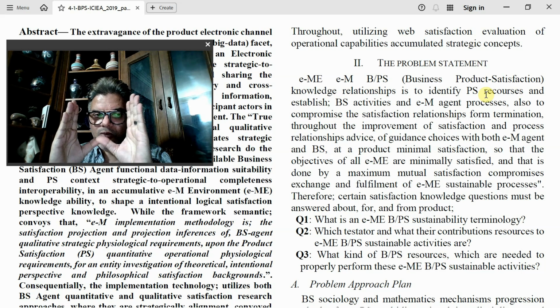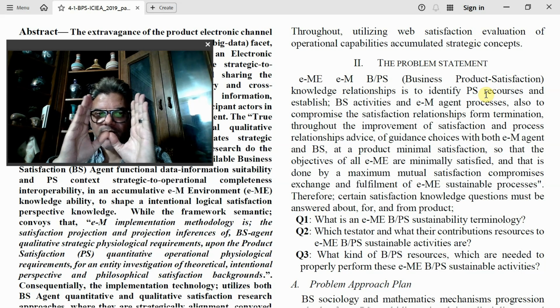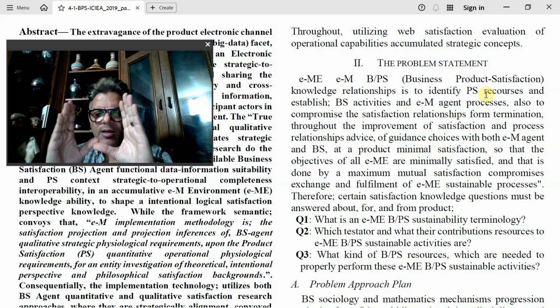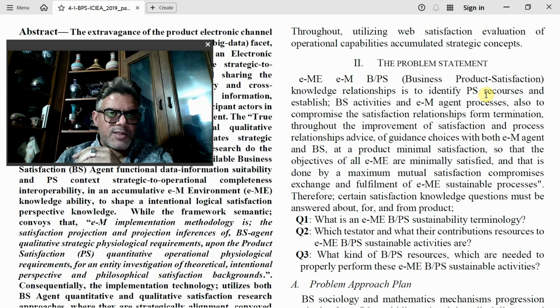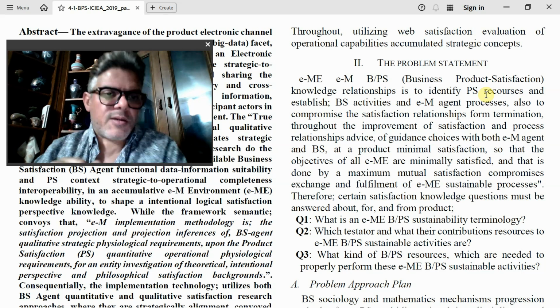But he will try to change the semantics of the product so he can mitigate between the business and the user, so he can always resolve the product satisfaction end target, which is to reproduce the product.